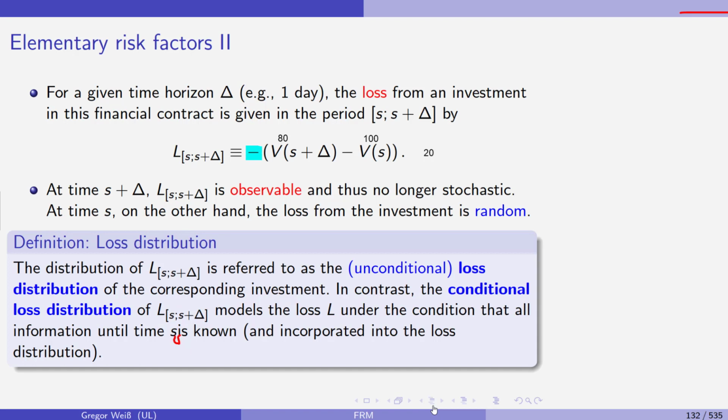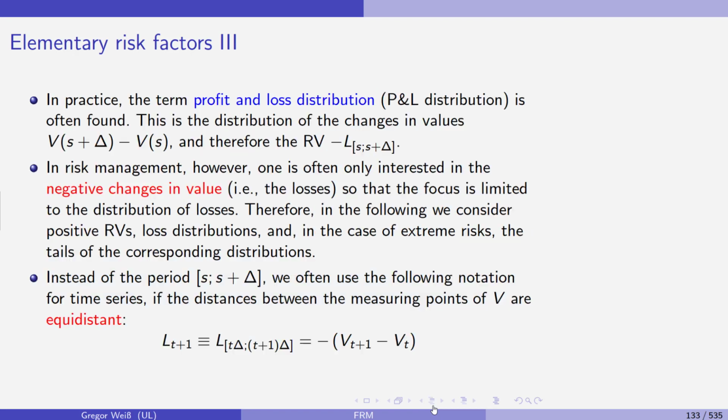The difference is that for conditional loss distributions, later on we'll need a conditional model that is a time-varying model, like a time series model. For unconditional losses, we simply take, for example, a normal distribution, a t-distribution, and so on.